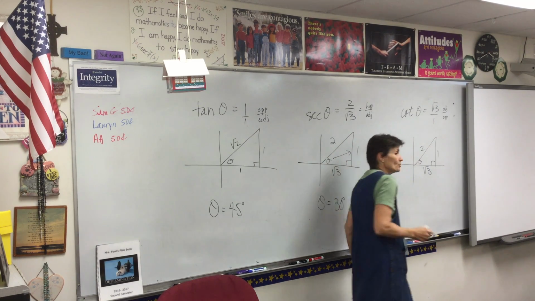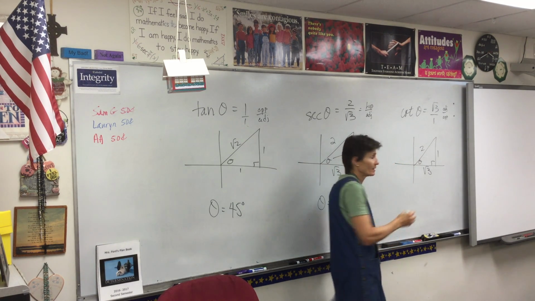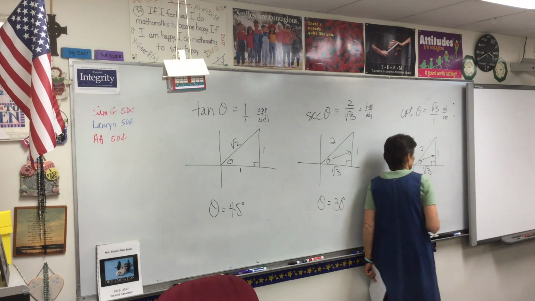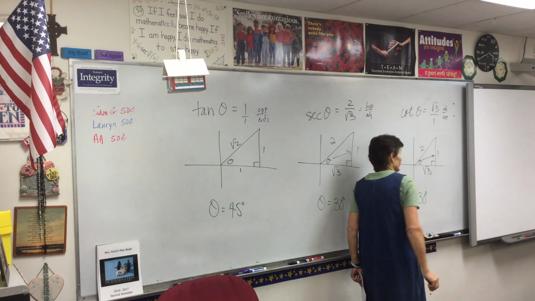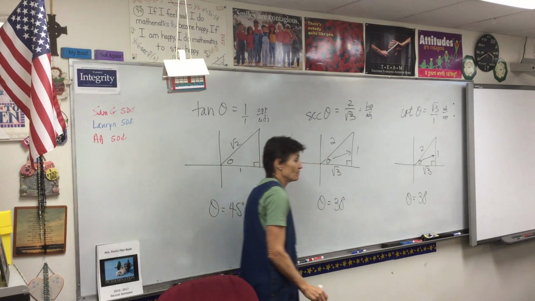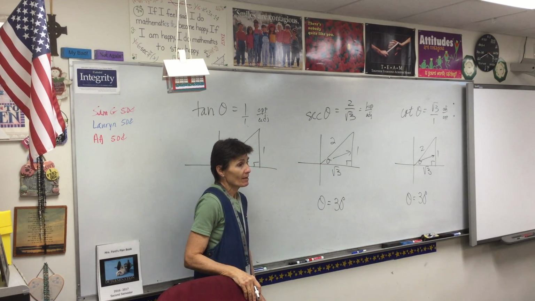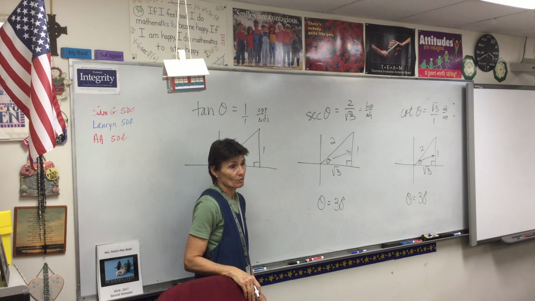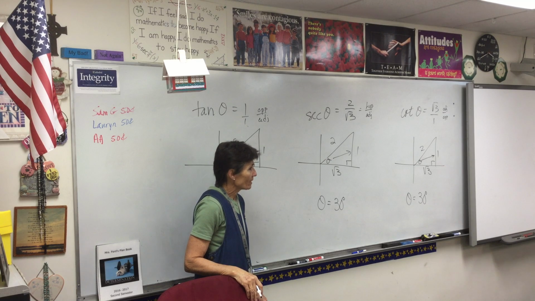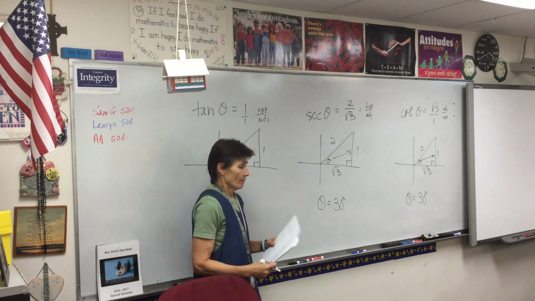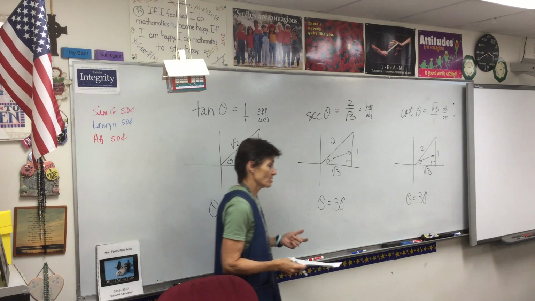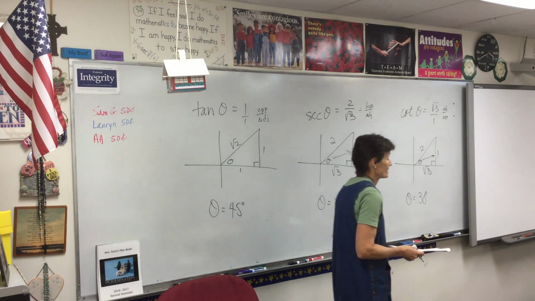Obviously hypotenuse is 2, but you probably don't even need to do that because you know that across from the 1 is 30. If you're not using a calculator, every single one of your answers is going to be 30, 60, or 45. Because those are the only angles we can do without a calculator at this point. There'll be others we learn as we go on, but right now, that's it.